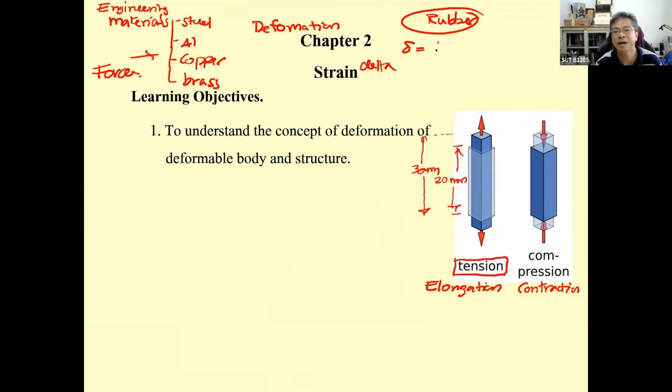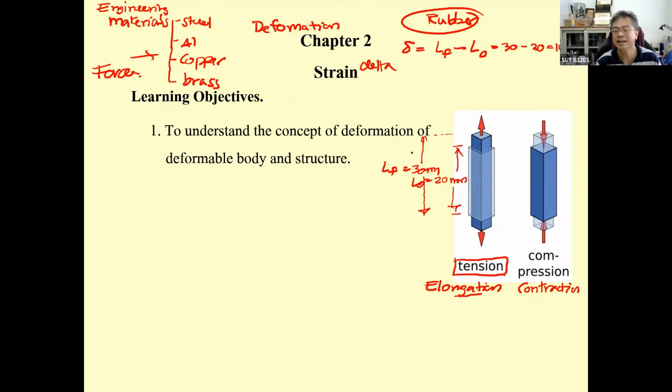It can be L sub F, L final, minus L sub O, L original. So this is very simple to compute. 30 minus 20 is going to be 10 millimeters of elongation.